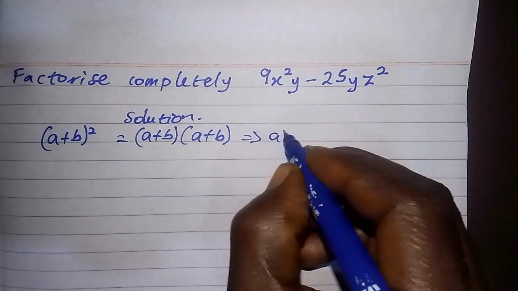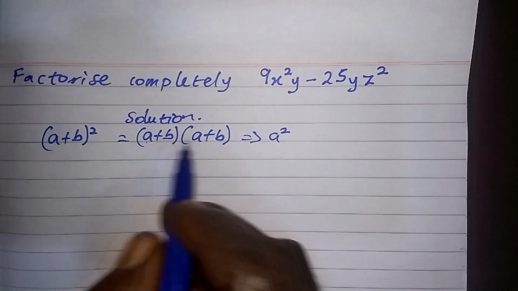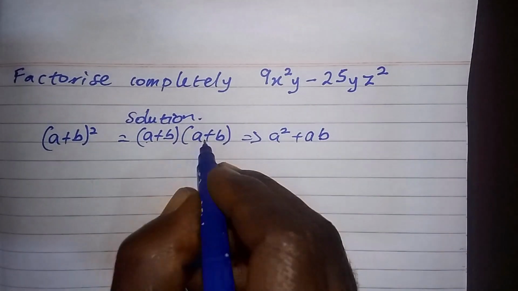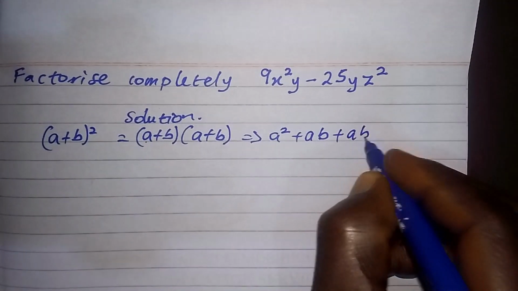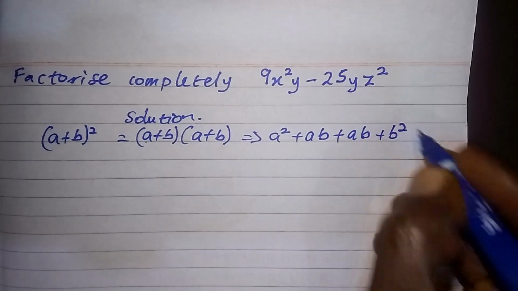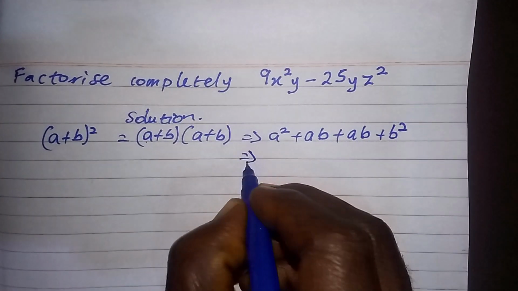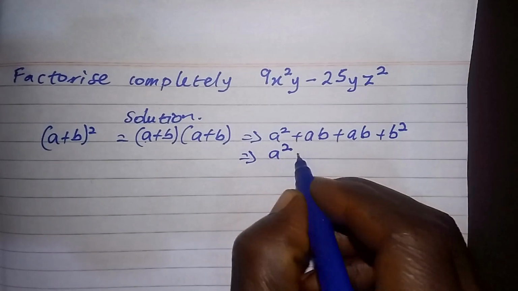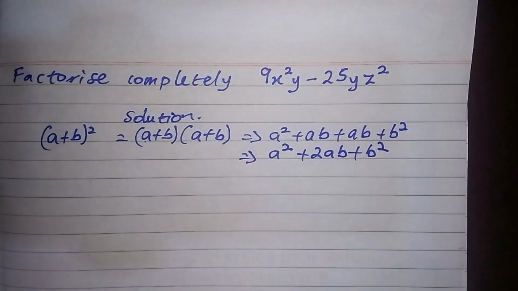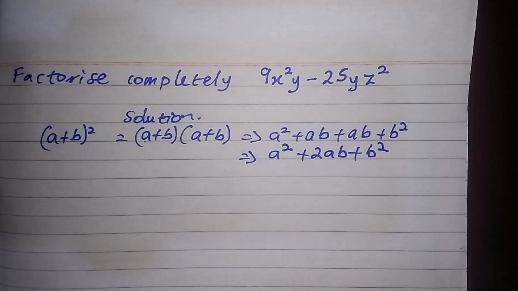So it is a squared, a times b is plus ab, b times a is another ab, then b times b is b squared, which ends up giving us a squared plus 2ab plus b squared. So simply put, whenever we have a plus b squared, the answer is a squared plus 2ab plus b squared.